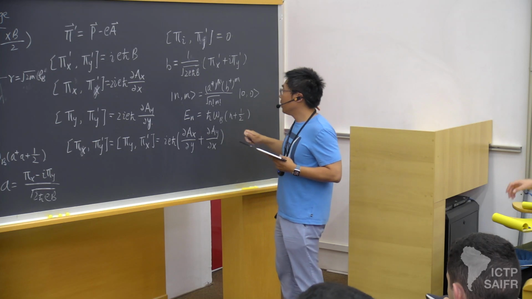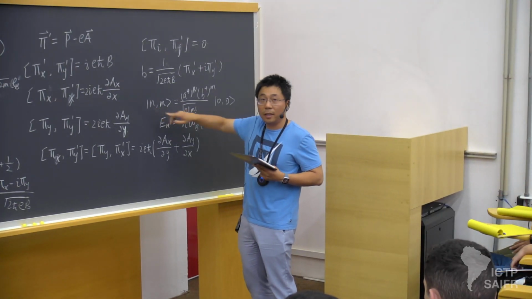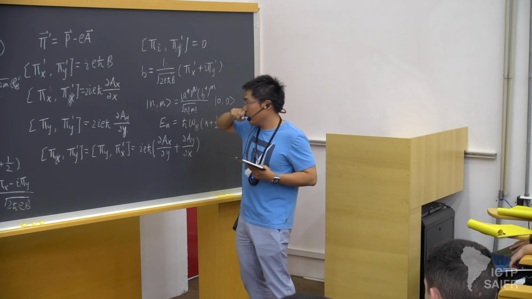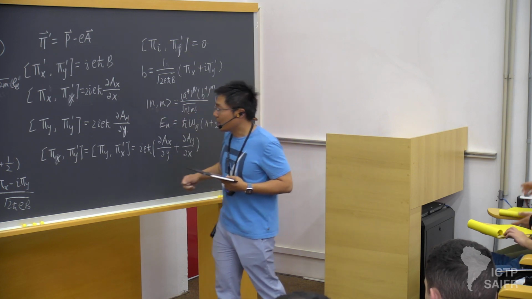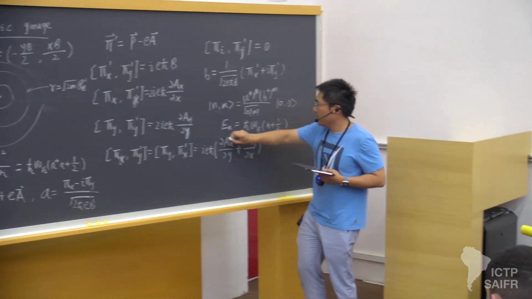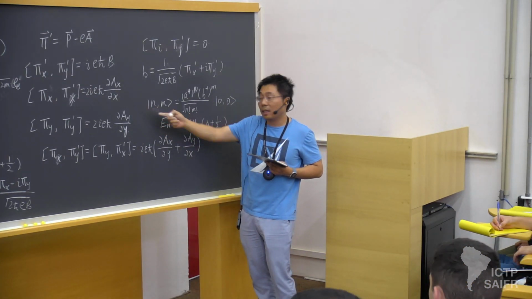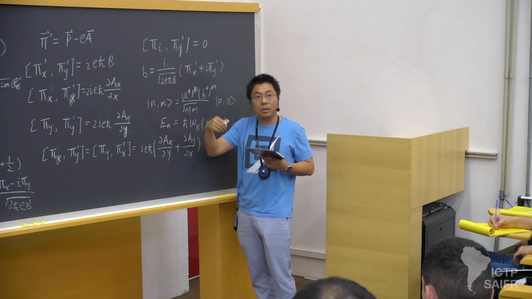Okay, so that's the label that labels the states on my Landau levels, right? The first number n just refers to which Landau level we have. So remember, the energy of the state will depend on n, and m refers to the degenerate states.